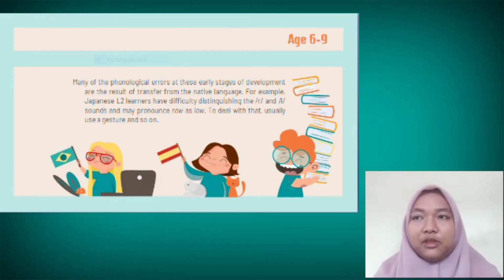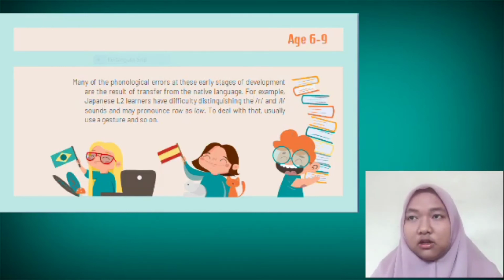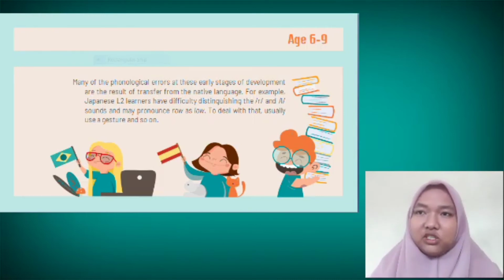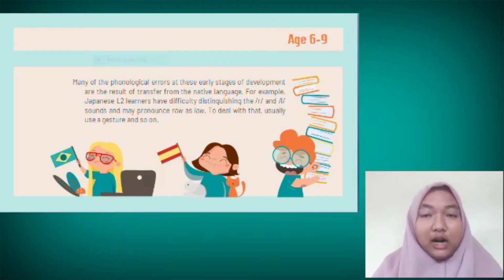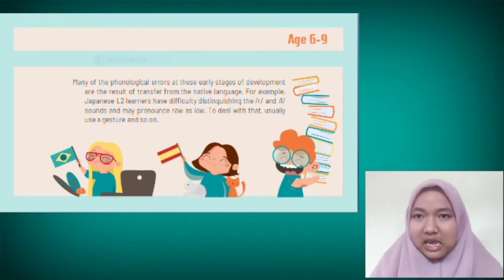For example, here in the book, the researchers said that Japanese second language learners have difficulty distinguishing between R and L sounds and may pronounce row as low. To deal with that, usually they use a gesture to help them make a word clearly.